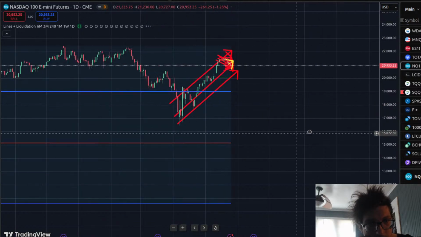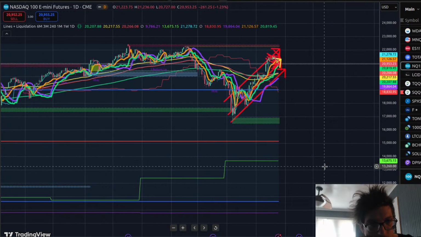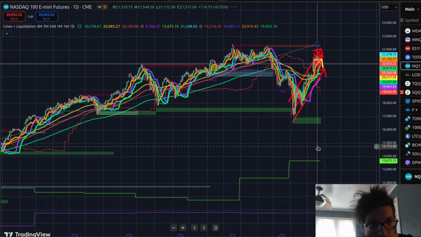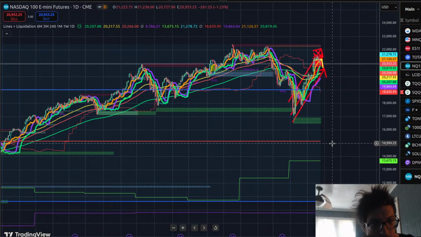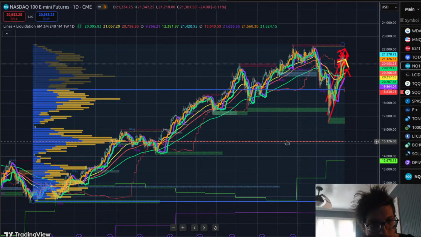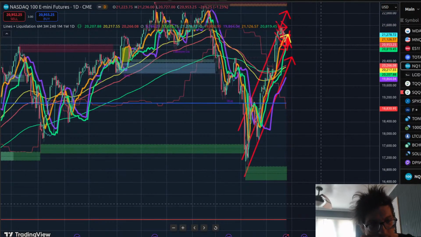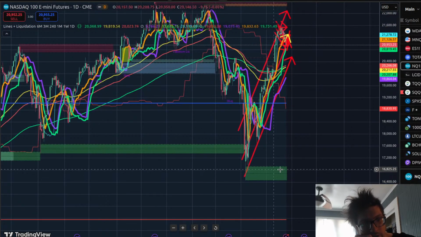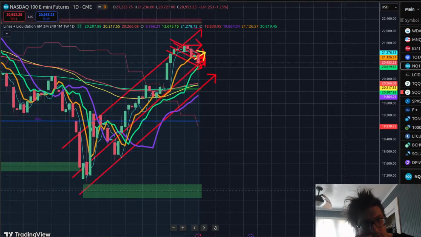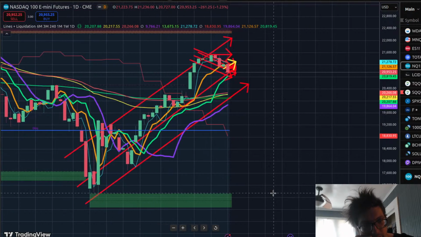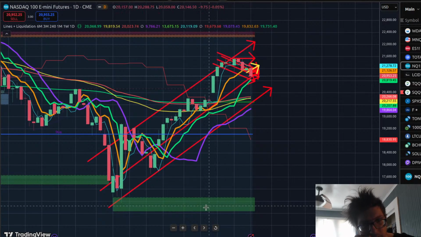But if we go to the daily, you can see that this point of control right here, that's this red line, that's where most of the volume is traded. It's not that far away from this liquidation block. And this liquidation block, keep in mind, it's not far away from where price was just recently.